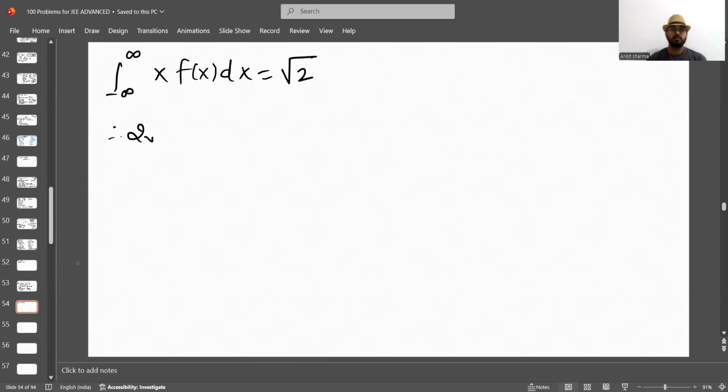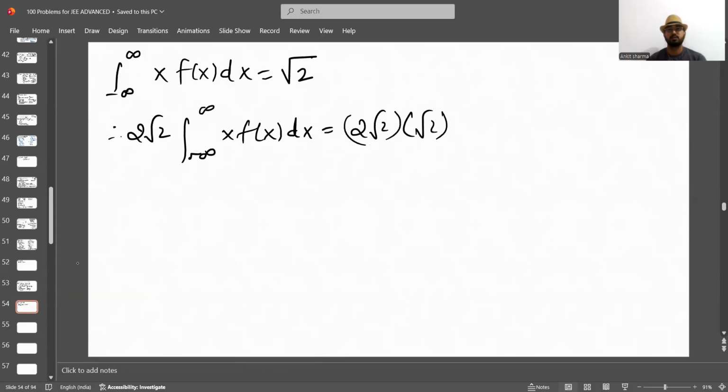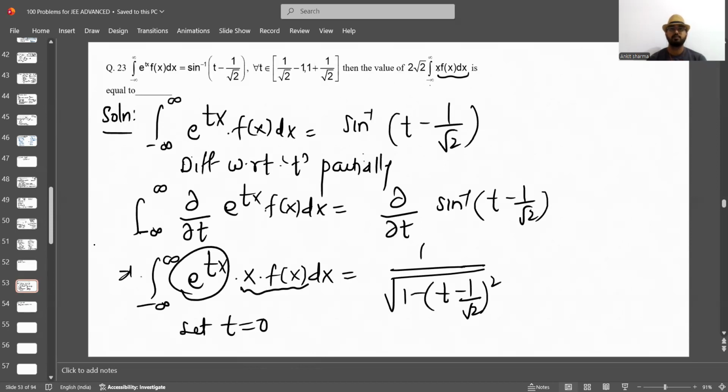So if I multiply 2 root 2 here, this gives me 2 root 2 into root 2. That turns out to be 4. So the answer would be 4 for this problem.